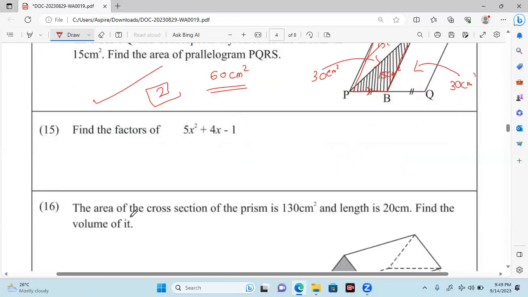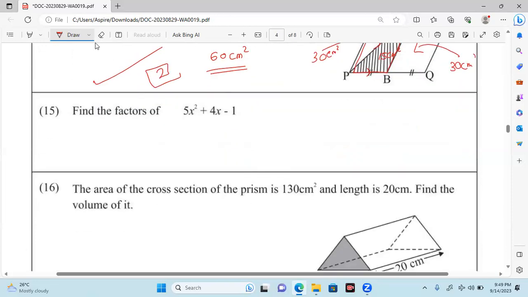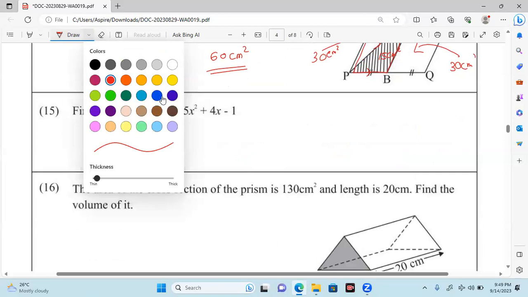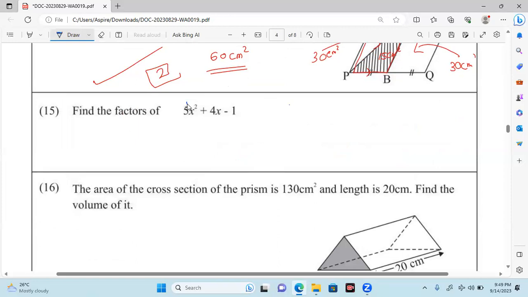15. Find the factors of 5x squared plus 4x minus 1. What you have to do? You have to multiply by 5. Then 5 into minus 1, it's minus 5. Then factorize to obtain minus 5. What are the answers?